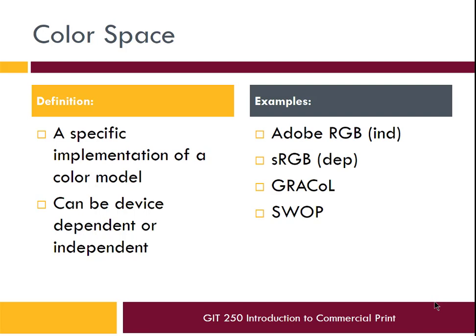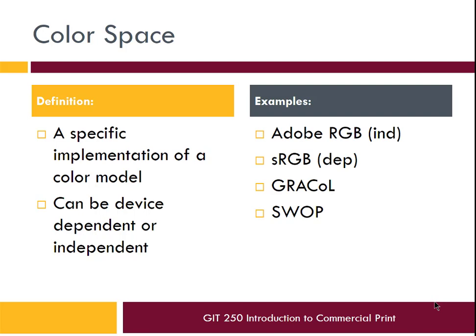Next one down, Grackle. These are all acronyms. Grackle, I can't remember exactly what that stands for, but all those letters mean something. Grackle is a CMYK color space that is device dependent somewhat. It's not for a specific device, just a specific type of devices like digital presses or offset presses.